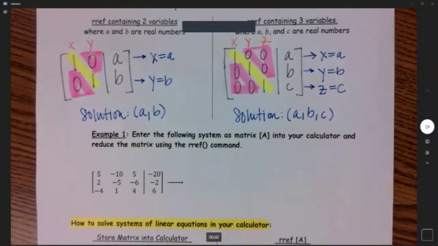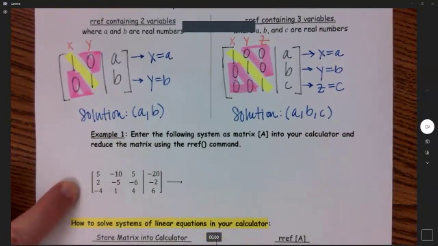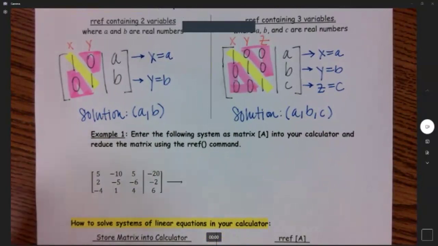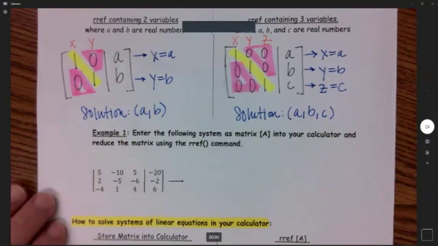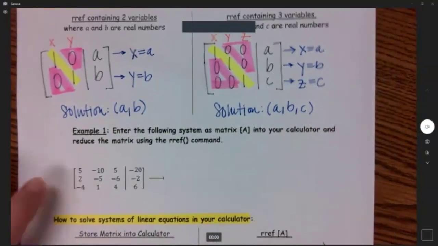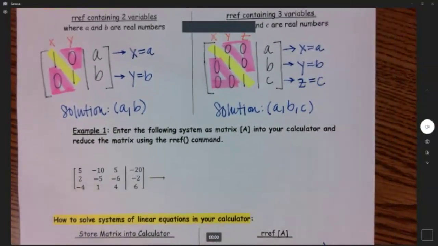So let's go through how to put this in our calculator, and I'm going to have the instructions down here, but I want you to follow along with me as we go through this one right here.